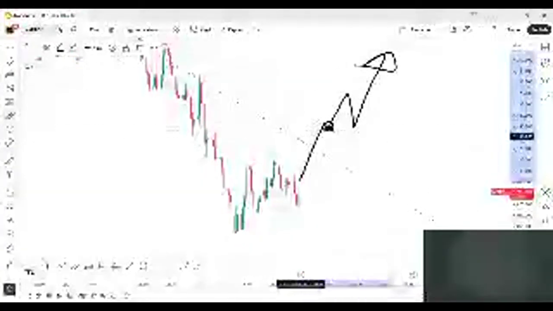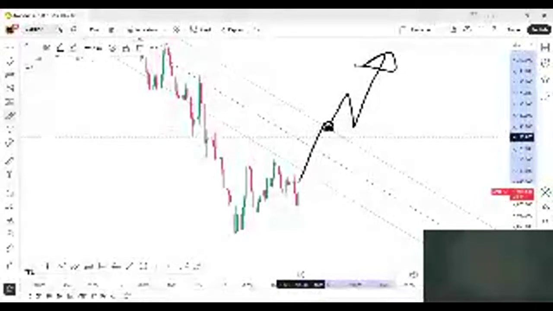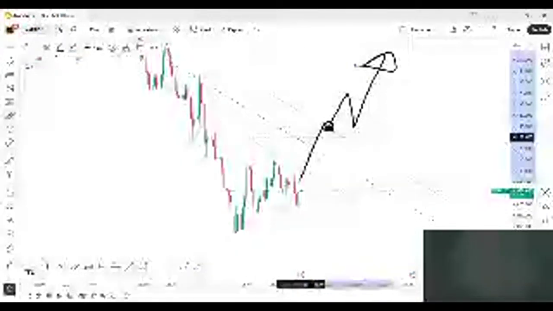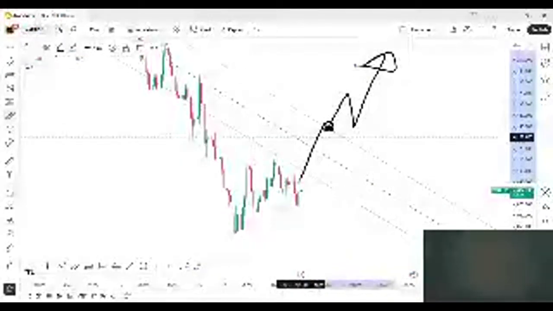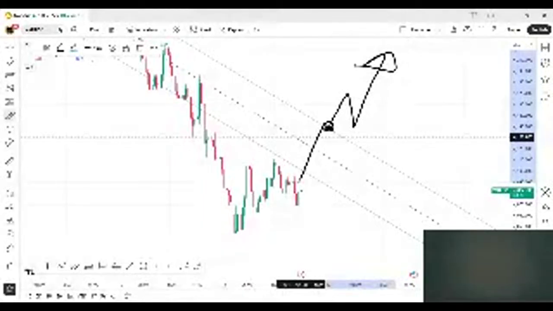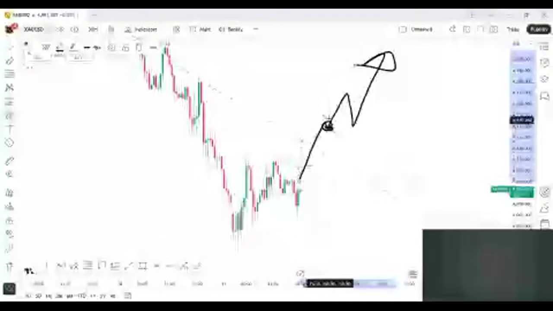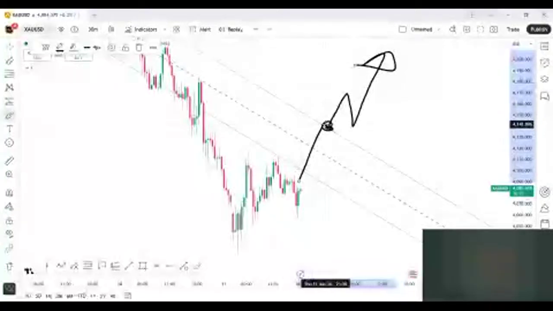Otherwise, there is a strong chance the market will fall back to this area, so make sure you keep this in your mindset. If we get the breakout above this area, only then will we look for buy positions. Otherwise, we will not look for buy positions.